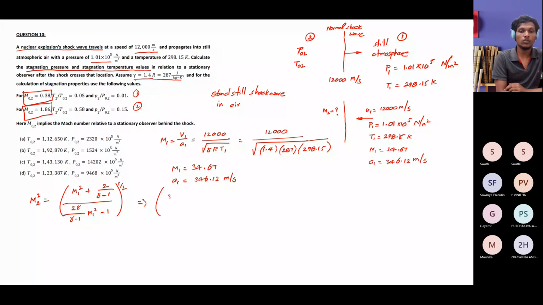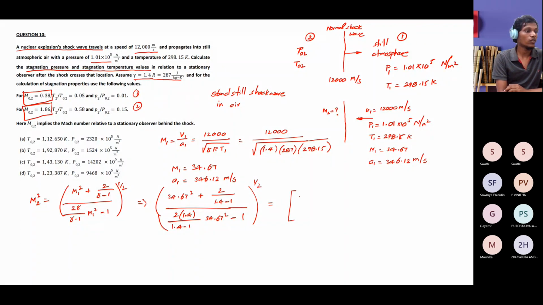We have M1 equals 34.67, square, plus 2 by gamma equals 1.4 minus 1, upon 2 times 1.4 upon 1.4 minus 1 times M1 square, that is 34.67 square, minus 1, and whole over 1 by 2. So this is the substitution. Let's simplify this.